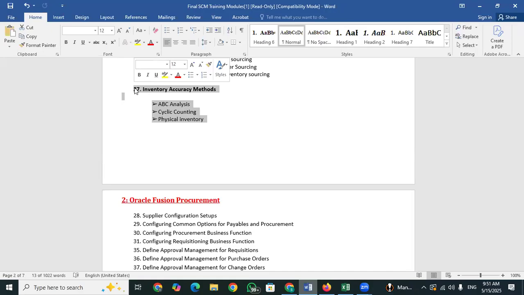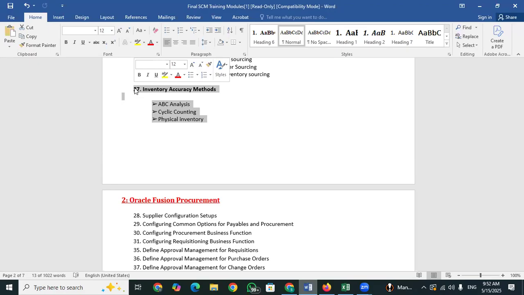Just assume that physically there are 100 necklaces, but at the system level the on-hand quantity shows 101. Is this a discrepancy or not? If the system shows 101 but physically there are only 100, we definitely need to take care of such scenarios, right?